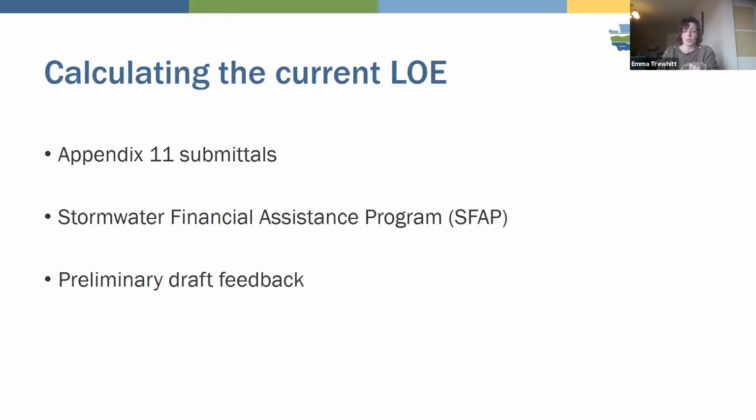So following the release of that preliminary draft, the permittees collaborated to basically give us a more refined data set for Ecology's use in assessing those past SSC project outcomes.